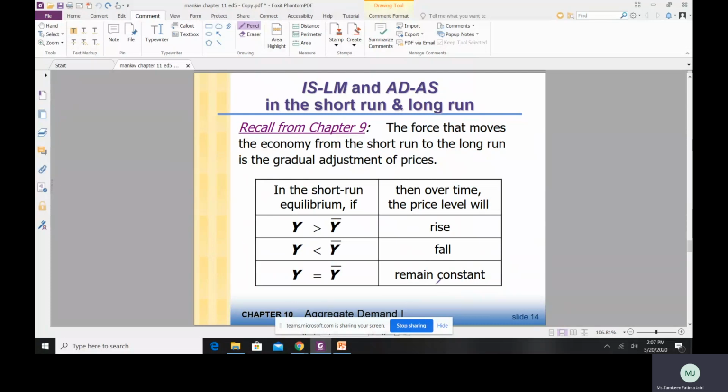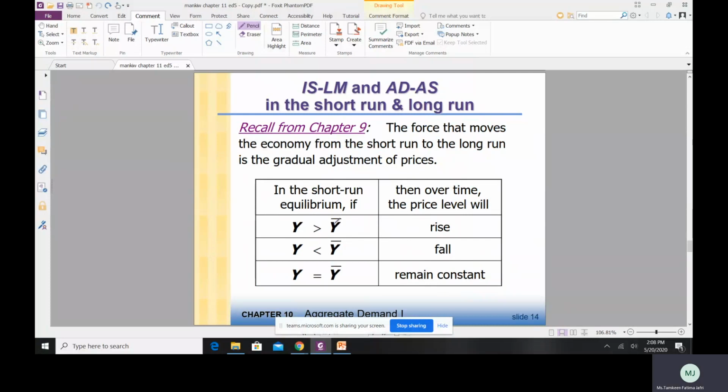If you remember this table, we did it in chapter number 9, and it basically shows that if in the short run, output is greater than the natural rate of production, this will result in prices rising over time. And the reason for this was as follows. Whenever you're producing more than the full capacity, consider this natural rate of output to be the full capacity of production of the economy.